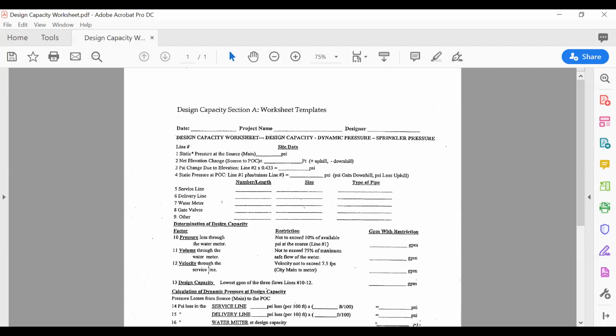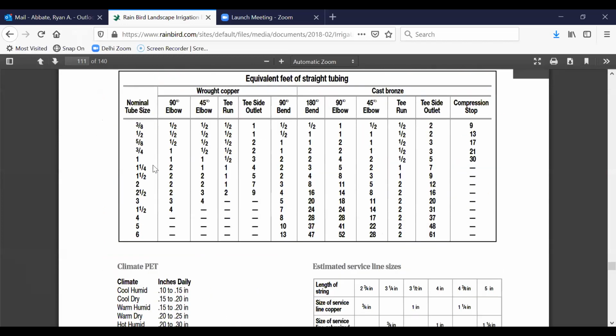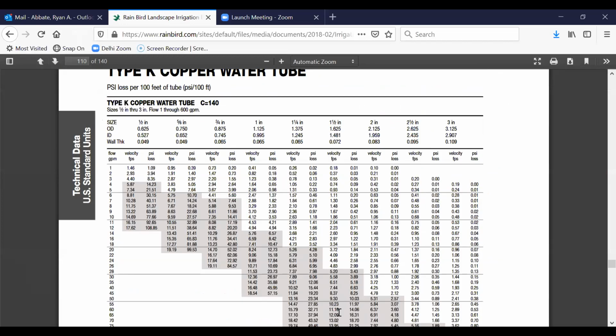Our service line is our city main to our meter. So looking at what our service line was, it was that type K copper, 1 inch. So we have to go now to type K copper, 1 inch. And we can't exceed 7.5 FPS.